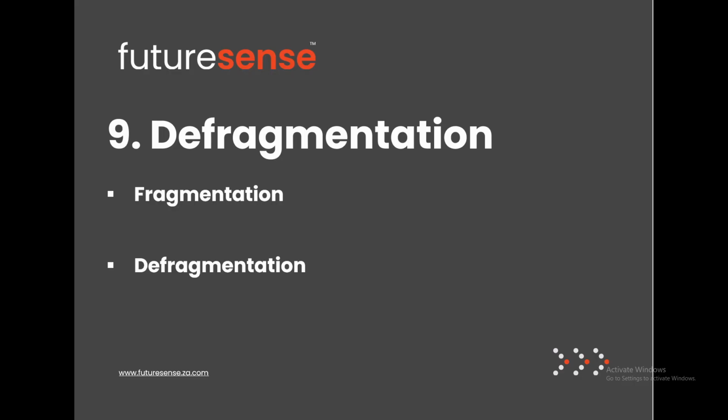The solution to fragmentation is defragmentation. You can perform an outline restructure using the alter database force restructure command. Alternatively, you can export data, clear all data, and then re-import data.